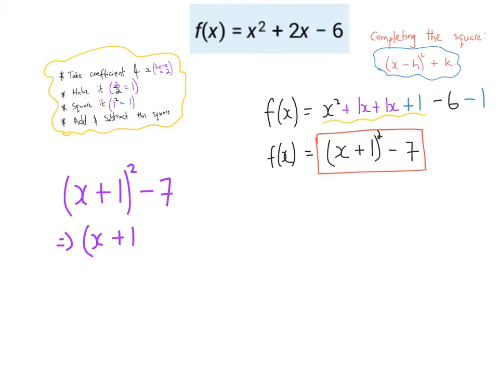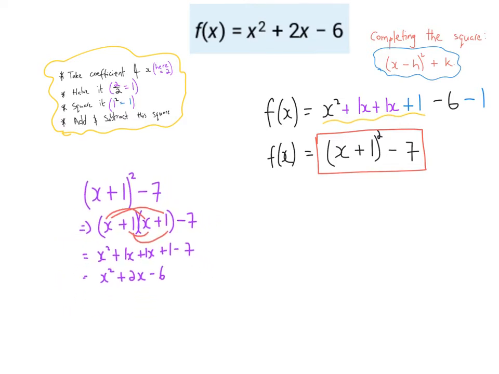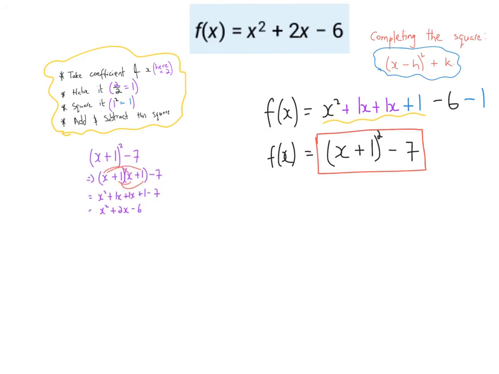So we'd have (x plus 1) times (x plus 1) minus 7, and we know the first by the first plus the first by the second, second by the first plus the second by the second, which is x times x is x squared plus 1x plus 1x plus 1 minus 7, which gives us x squared plus 2x plus 1 minus 7 is minus 6. So we can see, yeah, that is correct. It hasn't changed the value of the function because it's still the same as our original.